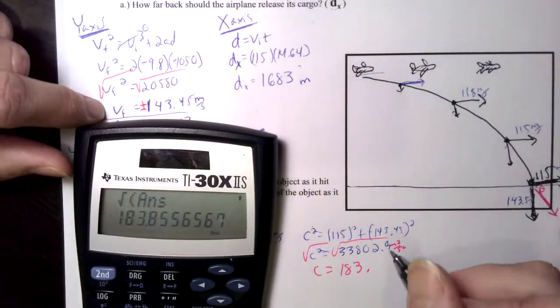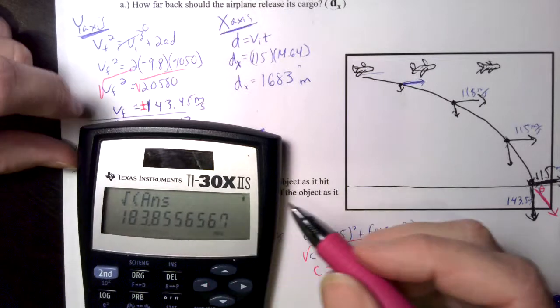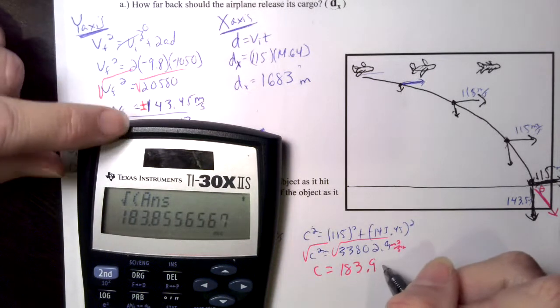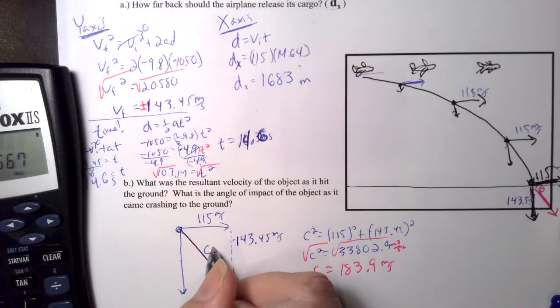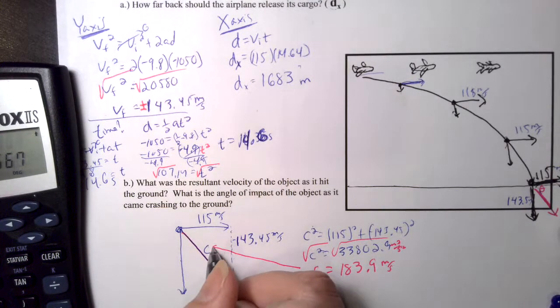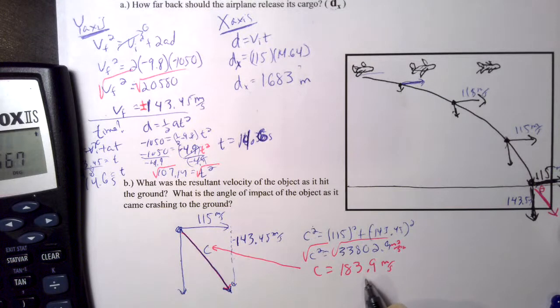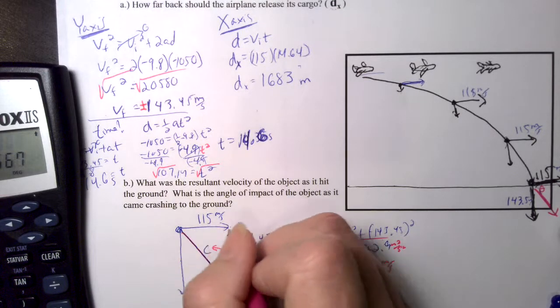Where do I want to round? 5 or more, round up the score. So I'm going to round to the tenths place. That's a single meter per second. So right here that speed is 183.9 meters per second. That is the resultant combined velocity. Sometimes they call that speed because you're doing an X and a Y.